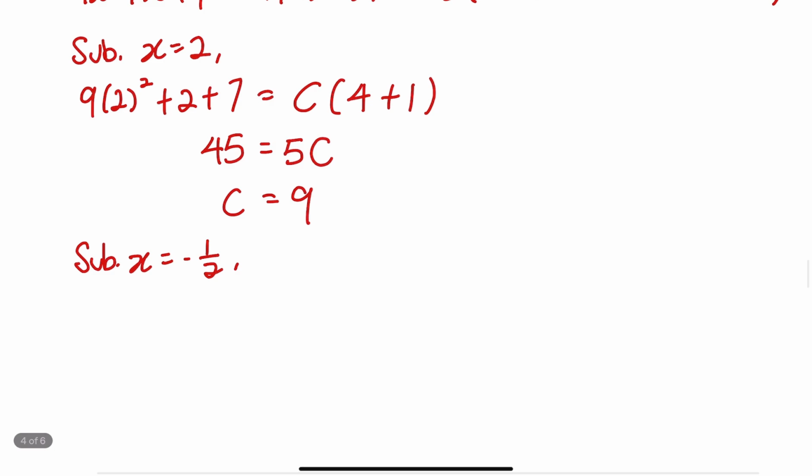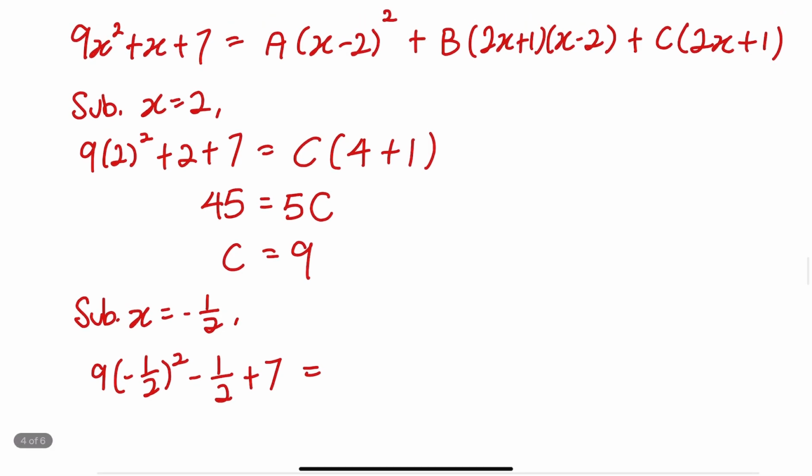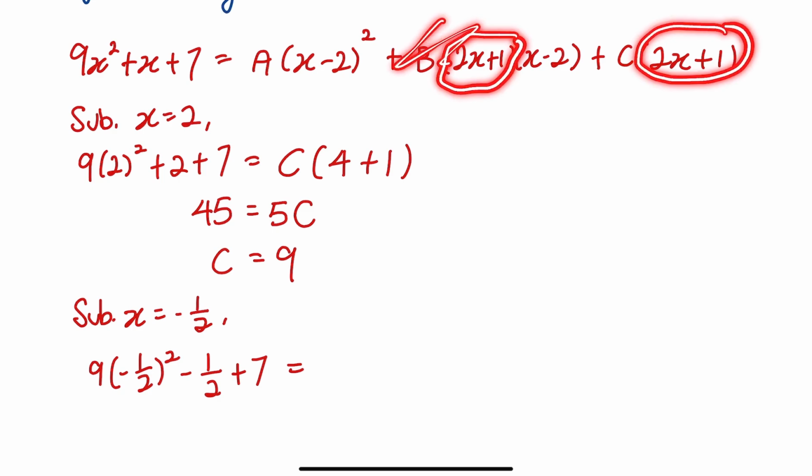Okay, so over here this means that 9 times negative half squared minus half plus 7 will be equal to, here I notice if I sub negative half, this thing will become 0, this thing will become 0, that means my b and c will cancel out, I'm only left with a.